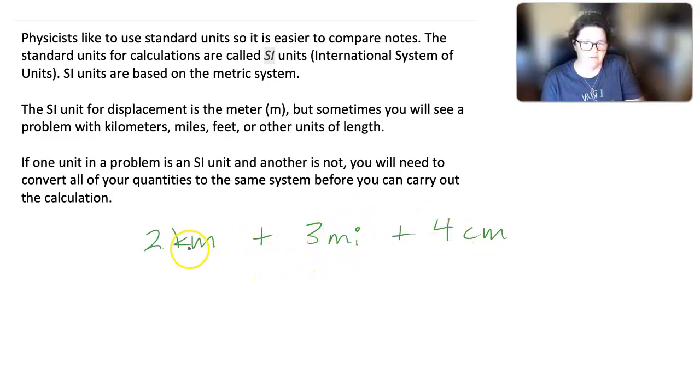However you need to do this. I didn't give you any of these today, but just be aware that you do need to have all the units matching before you can add them, because this would not be 2 plus 3 plus 4, because 4 centimeters is just a teeny little bit of a kilometer, right?